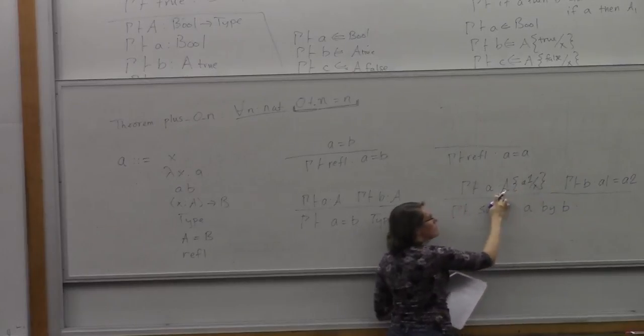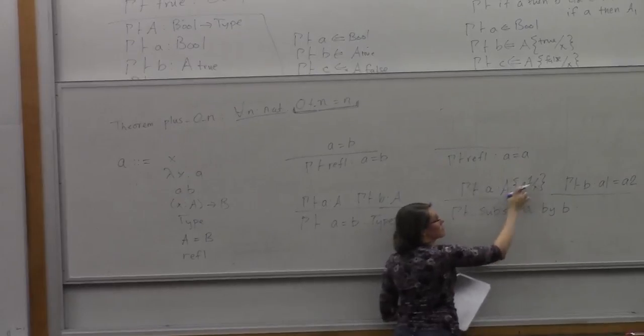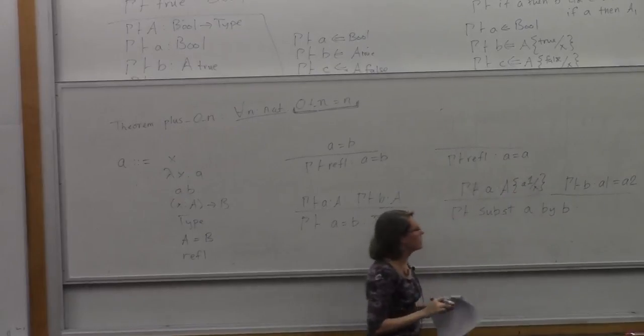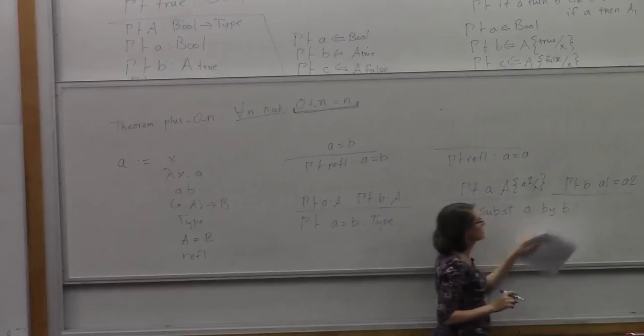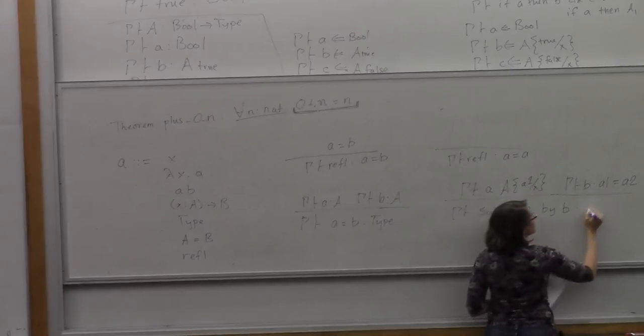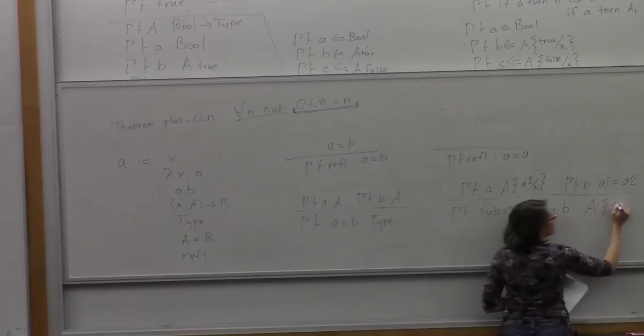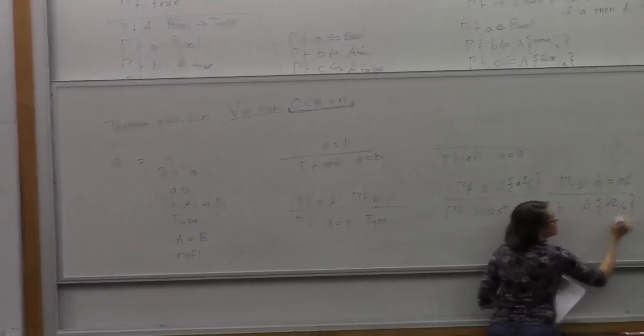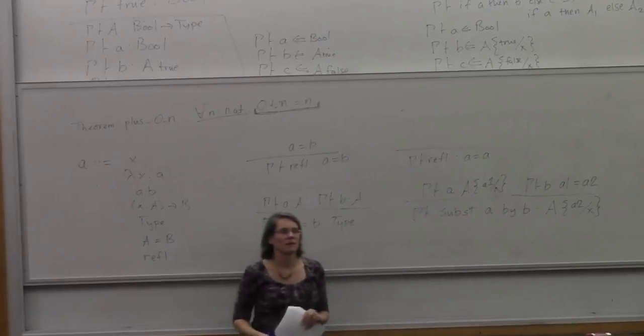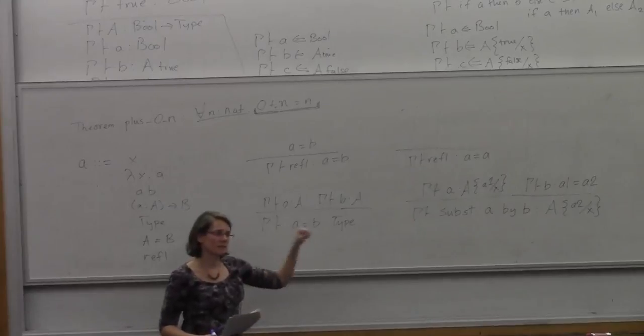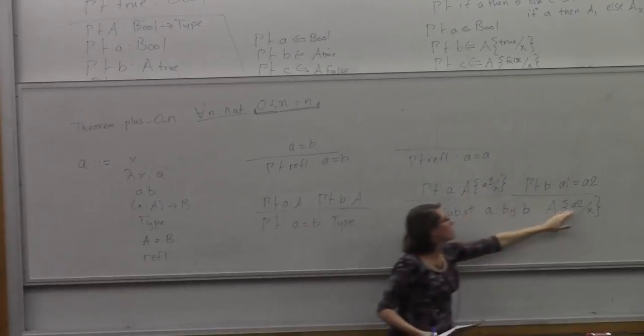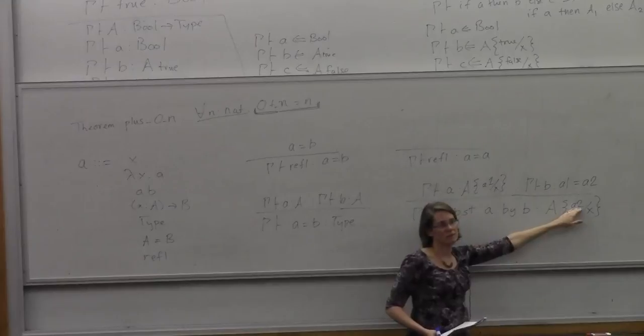Somewhere in little a's type context there's some A1 that appears. And what we want to do is the result of doing this subst is change that A1 into A2 for X. We want to replace this guy with what we know to be equal to it.